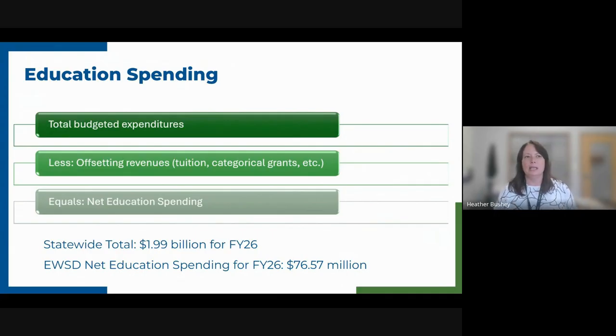When we take the expenditures less that revenue, we get our net education spending. Statewide, for FY26, net education spending is $1.99 billion. Essex Westford's portion of that is $76.57 million. So just sort of give you a sense of the scope of what the state's number is.